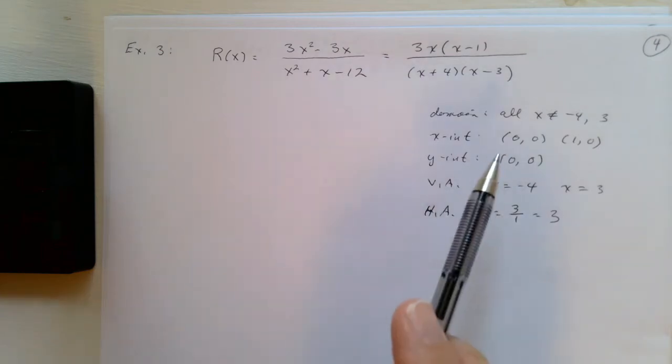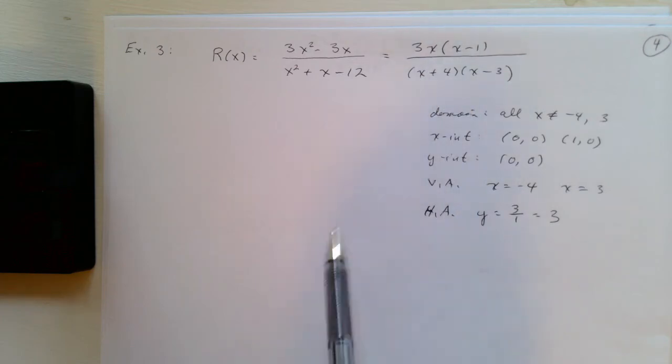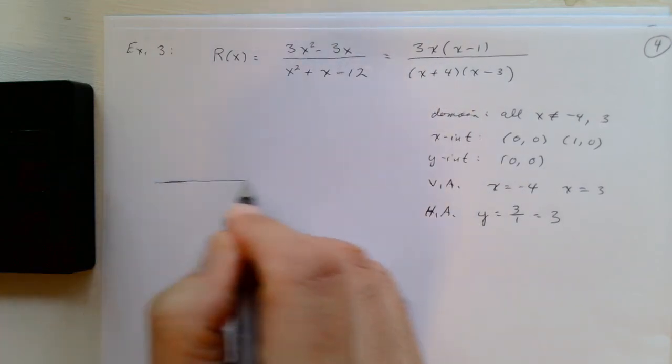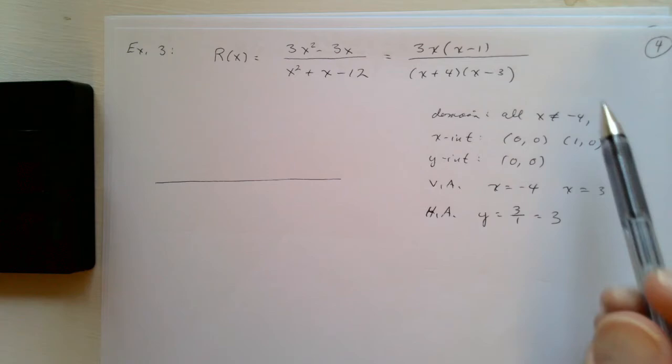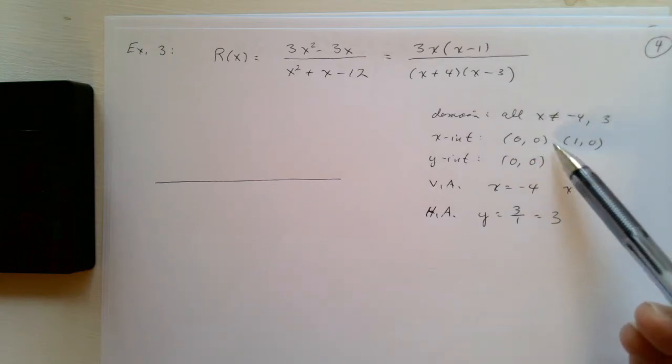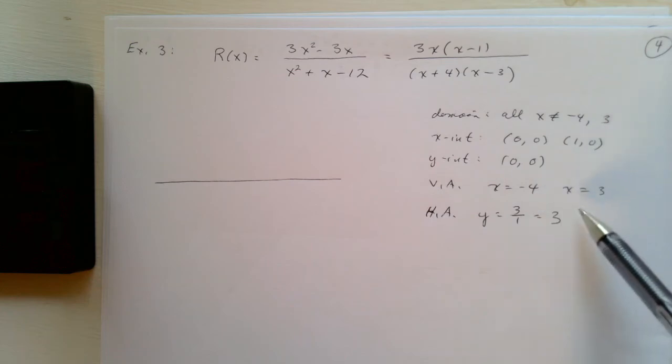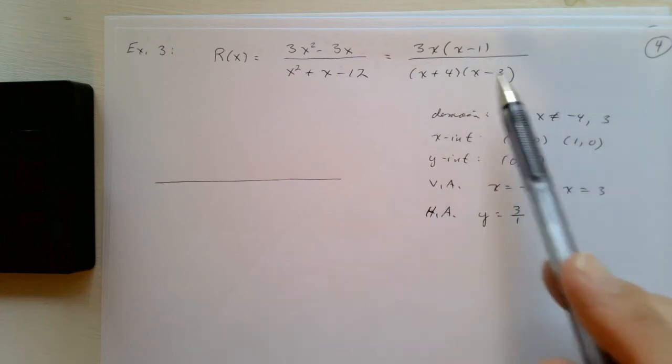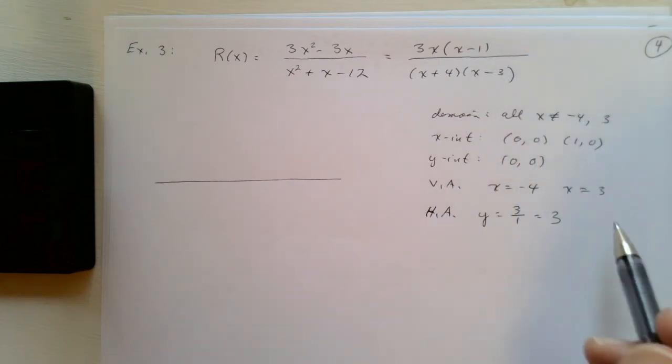We'll plot these in a moment, but let's do this in a little different order and make a sign chart. The points where it can change sign are at negative 4, 0, 1, and 3.